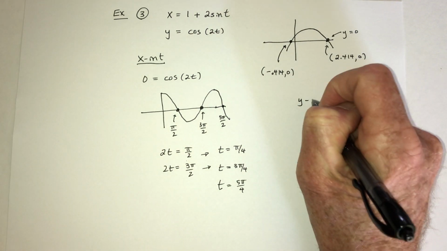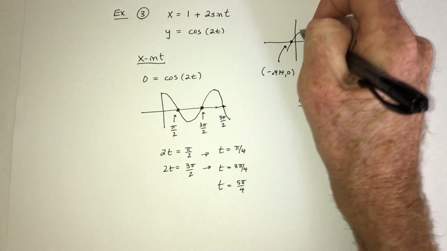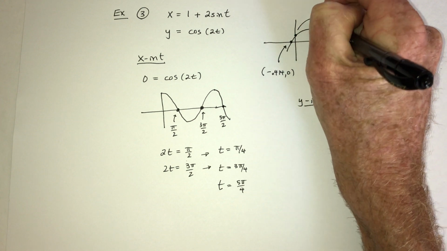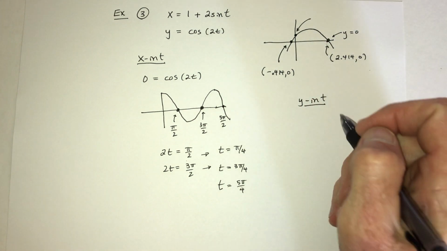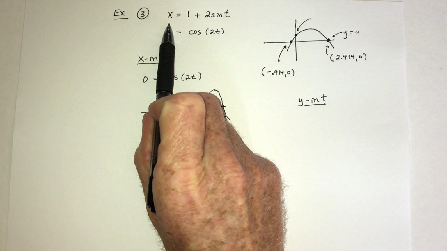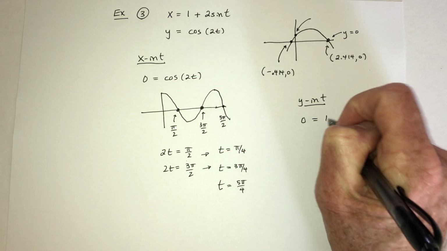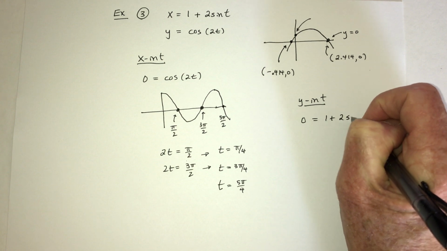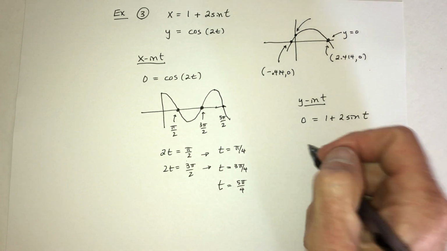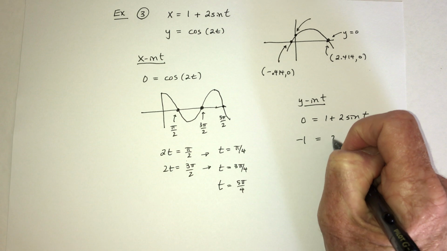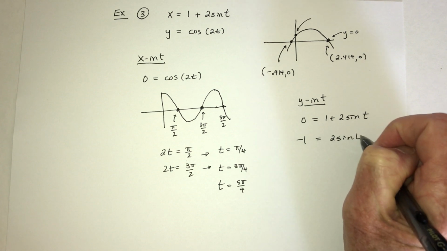Then for the y-intercept, so there's just one y-intercept right here. And for that, you put x equal to 0. So 0 equals 1 plus 2 sine of t. And then I could subtract 1 from both sides.